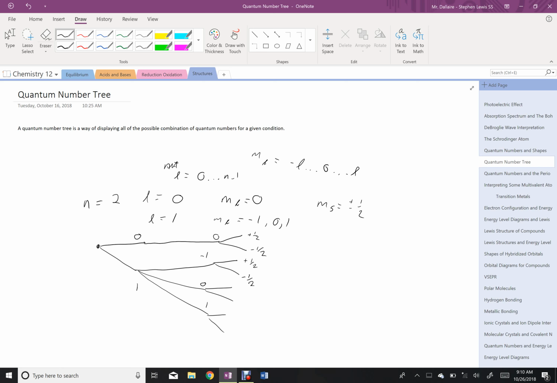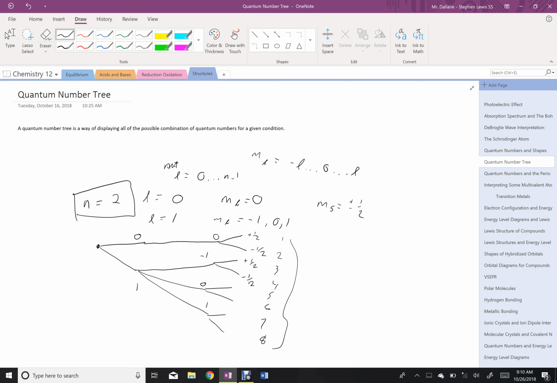What this illustrates is that at the n equals 2 quantum level, I have 1, 2, 3, 4, 5, 6, 7, 8 possible locations for electrons, or electrons that can fit. I actually have 4 possible orbital locations, but then you double the number of electrons in each location, so I have 8. This n equals 2 shell has a capacity to hold 8 electrons.